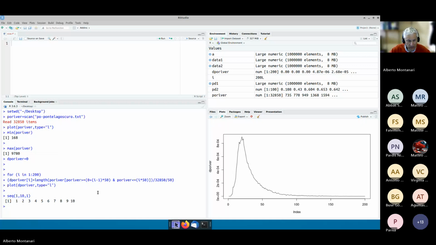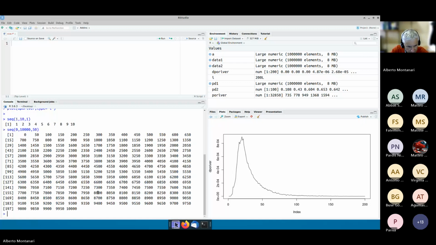And then the sequence 0, 10,000, 50. This is what you get. This sequence has a bit of a problem because it's not 10,000 long.